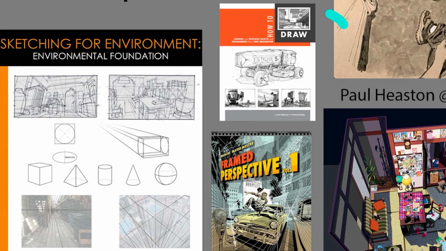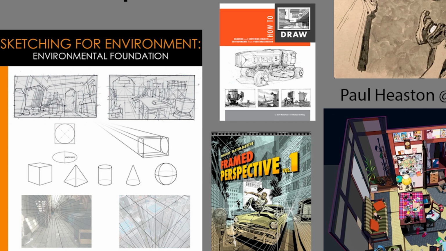A lot of the concepts behind these constructions you can find on both books. How to Draw will go more into complex volumes, so cars that are really hard to some extent to put together because of ellipses and understanding the central line that divides the symmetry in this vehicle, for example.